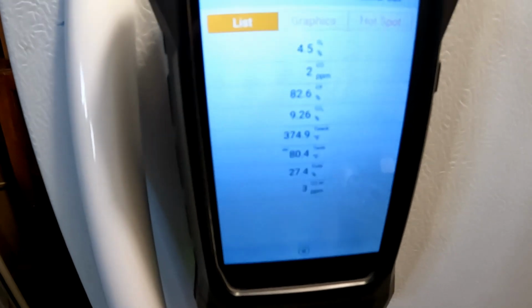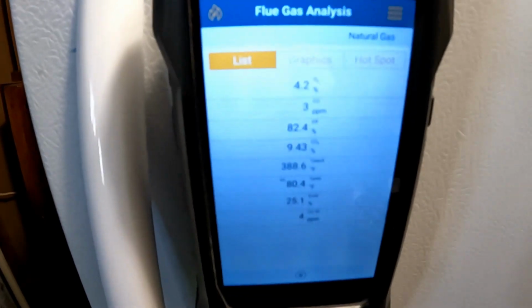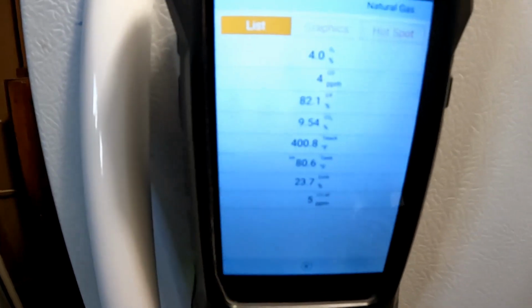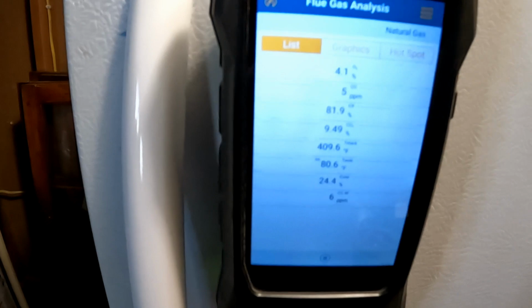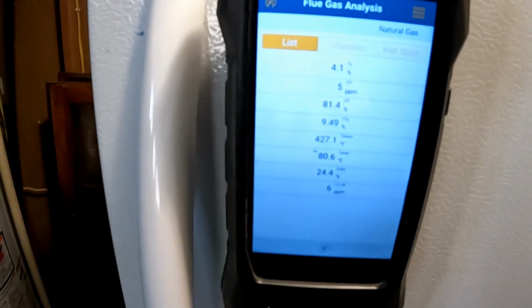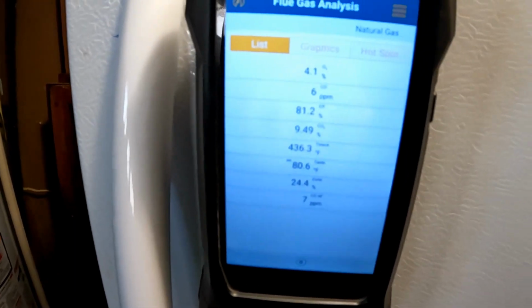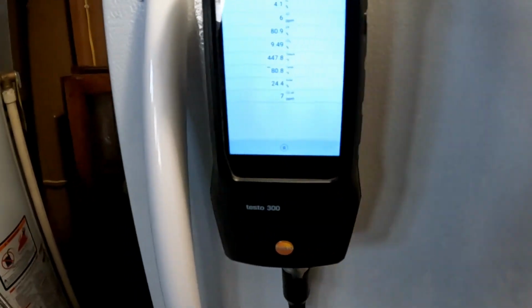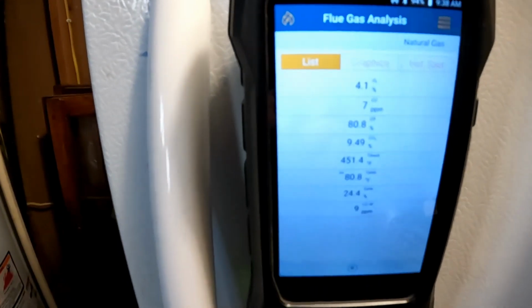You see how the oxygen level is depleting? That's the result of the air being misdirected. You need no less than 5 oxygen. If you go below 5, you're taking a chance of carboning up and raising CO levels. Okay, so this oxygen will deplete.